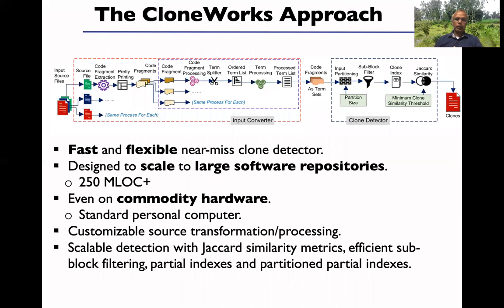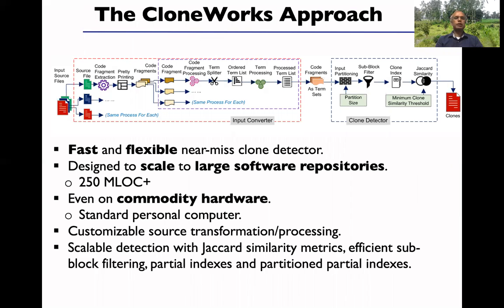Further to that, another tool we developed is called CloneWorks. It is designed to run on standard hardware. So you can detect clones from inter-project clones and from a lot of systems, but you do not need dedicated hardware, maybe even from your laptop.